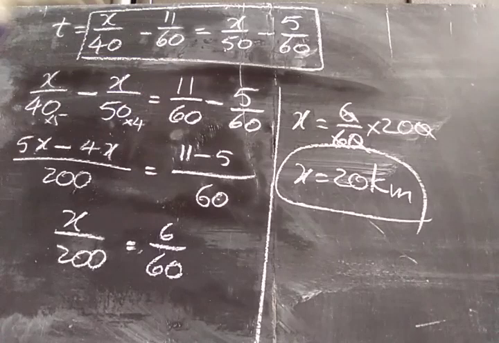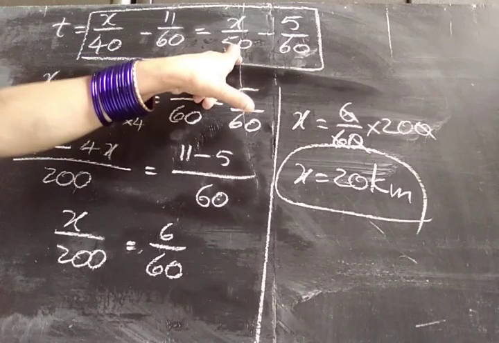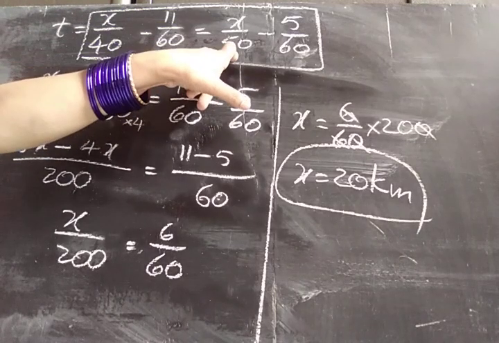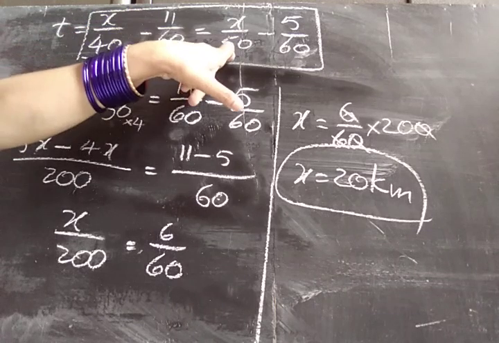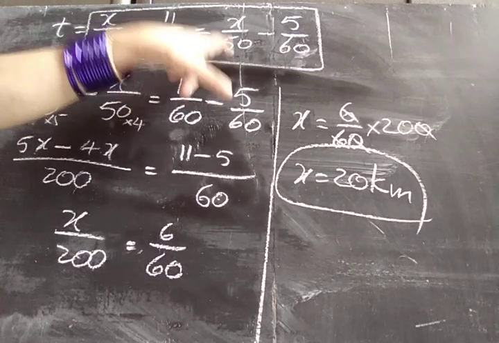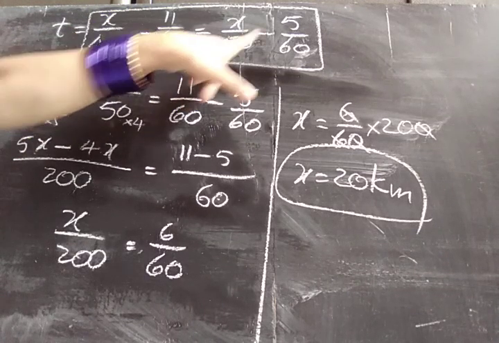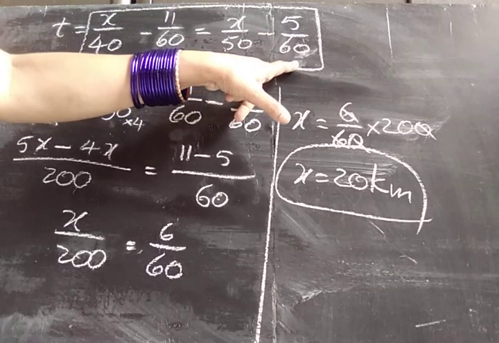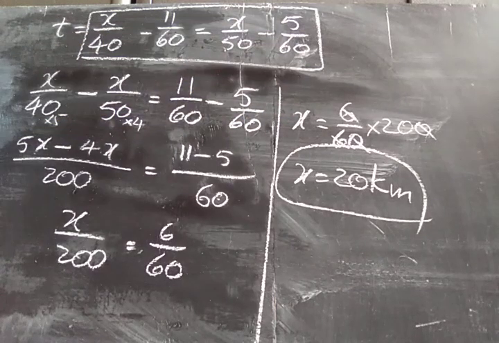And at 50 kilometers speed, X by 50 minus 5 by 60, because it is 5 minutes late. Both are time only.